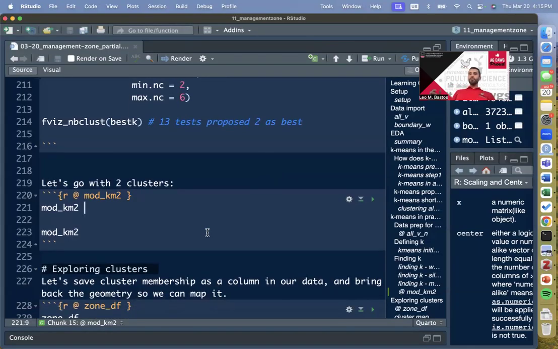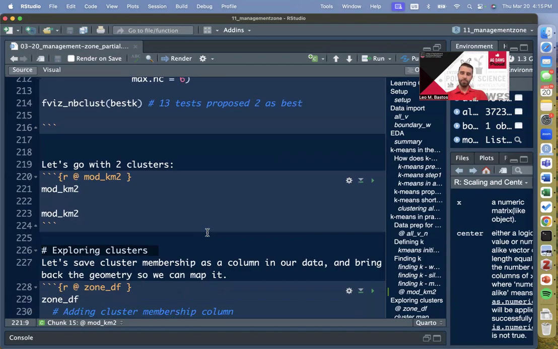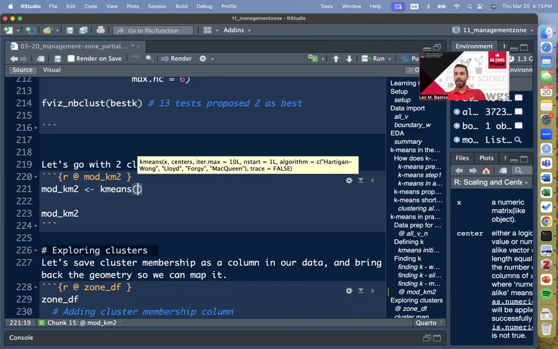Okay, so now that we determined the number of clusters, this data set that we have here has 2 groups, and that's what we're going to continue with. Let's go ahead and run that final model so we can keep using it. We're just basically going to come here on this mod KM2, give it the assignment symbol. We're going to call the function k-means again.